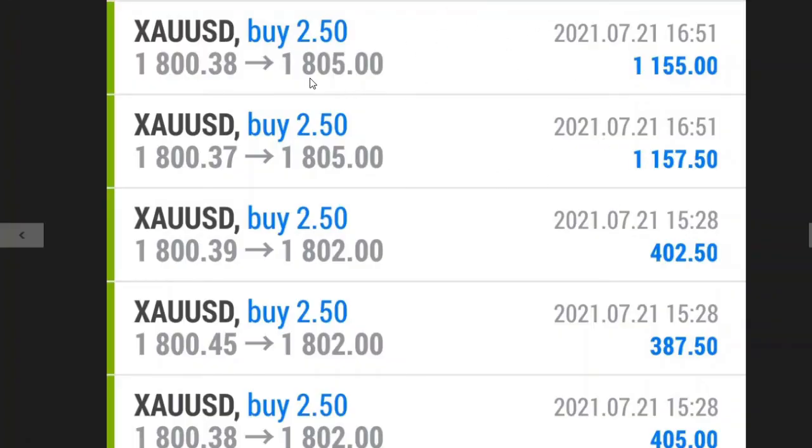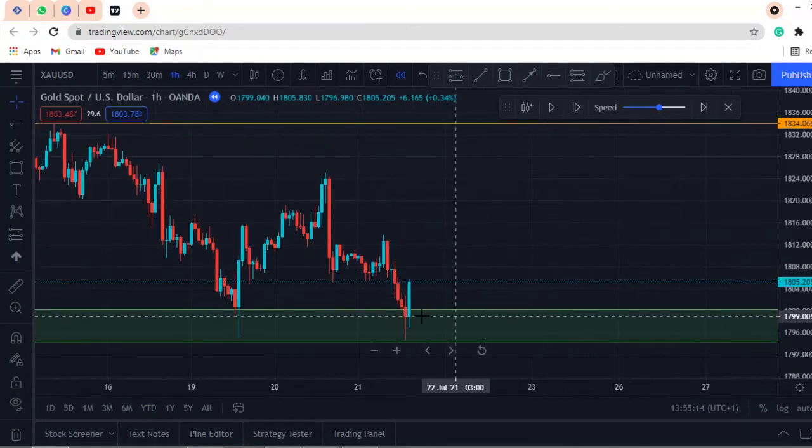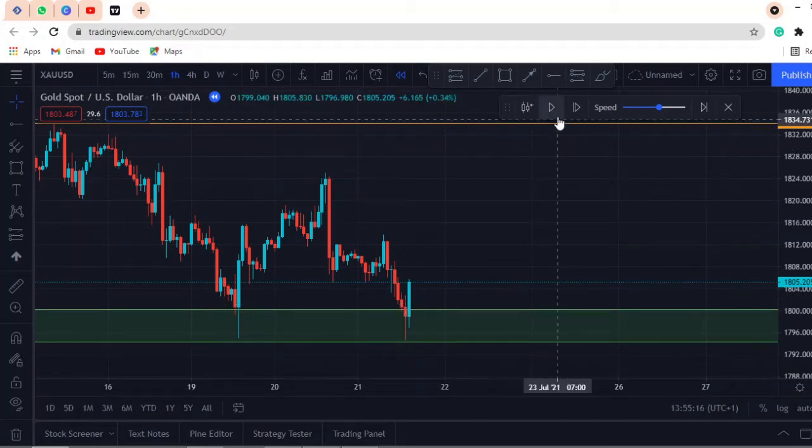On the 21st, we took these trades at around 4:51. These are the trades that we took. We took it at 1800.39, and you can see that 1800 was somewhere around here, where it was when this candlestick closed, this particular one here.